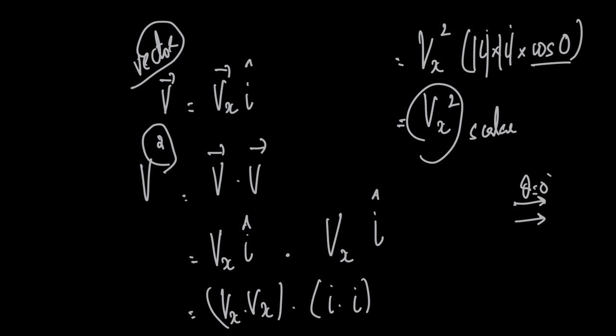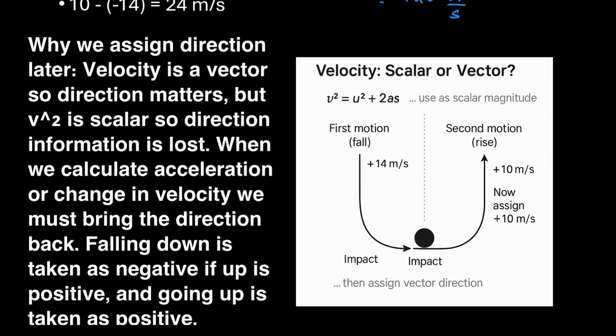And therefore, we'll have to pull out that direction again. So when we calculate acceleration or change in velocity, we must bring the direction back. Why? Because acceleration is not a scalar, it is a vector quantity. Falling down is taken as negative, as we have considered before, and up is considered as positive. Okay?